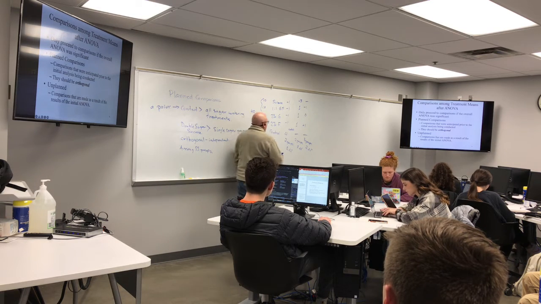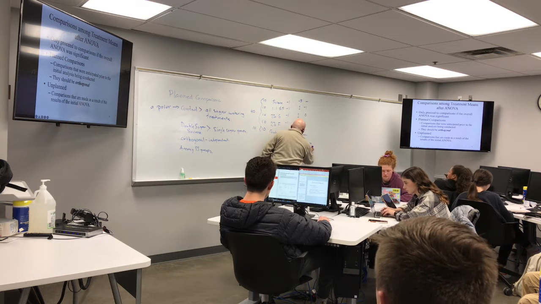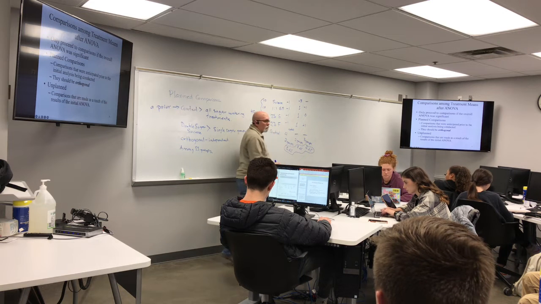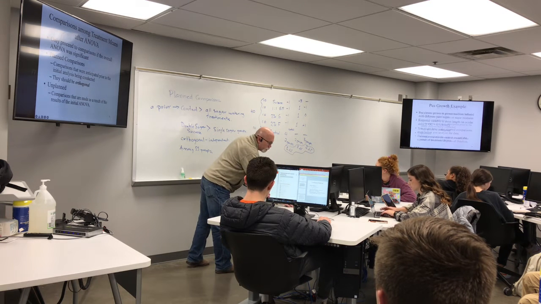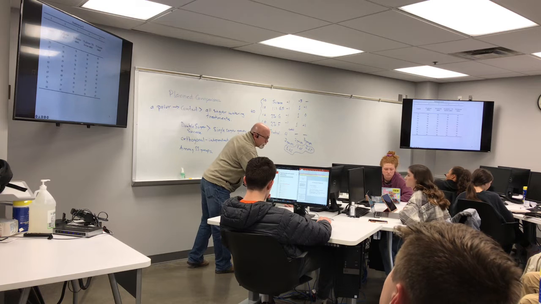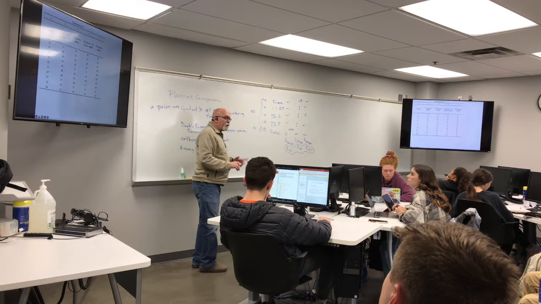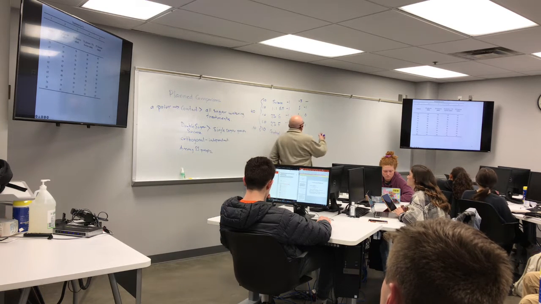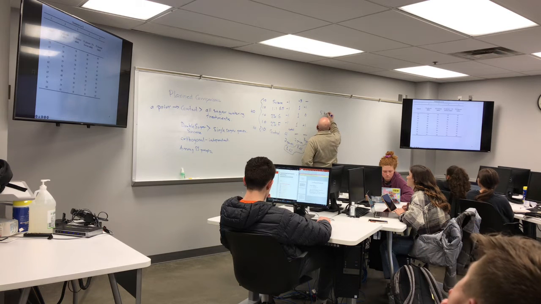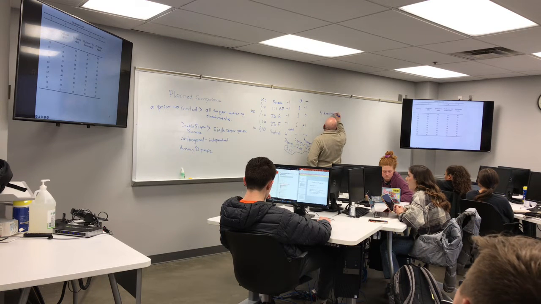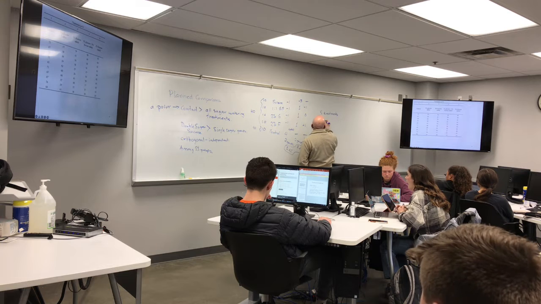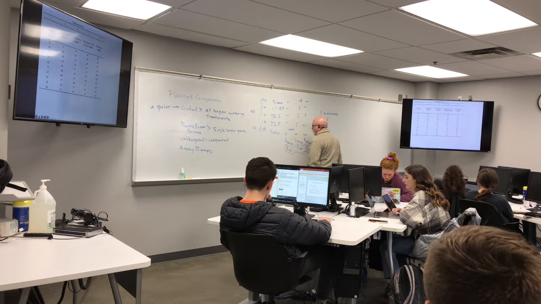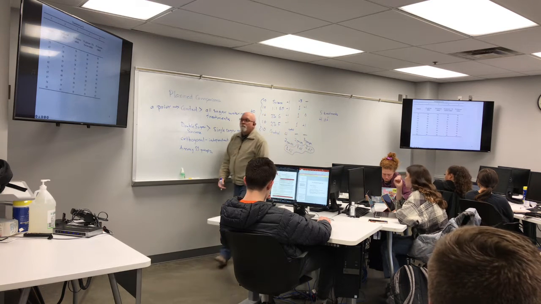But notice that we are eating up degrees of freedom. So if we go back to this example here, we have 5 treatments, which means we have 4 degrees of freedom in the treatments.